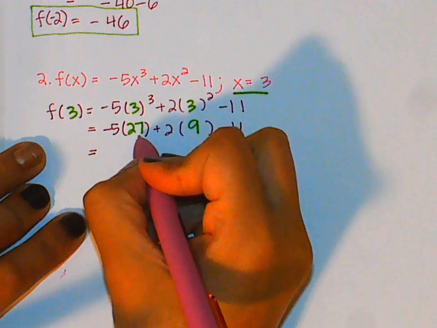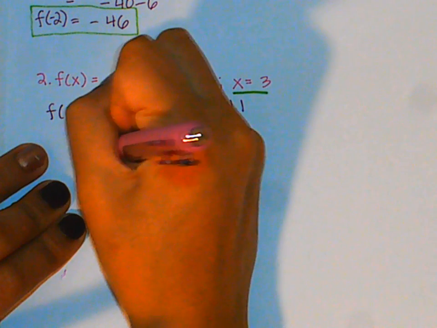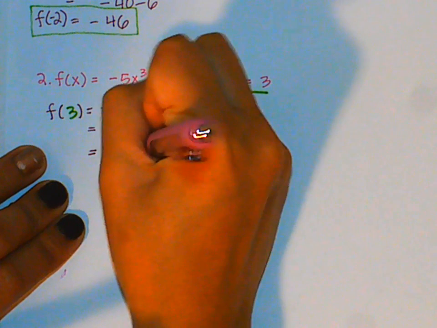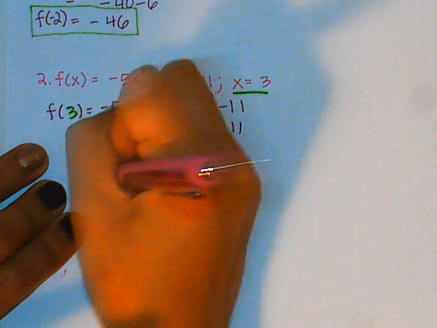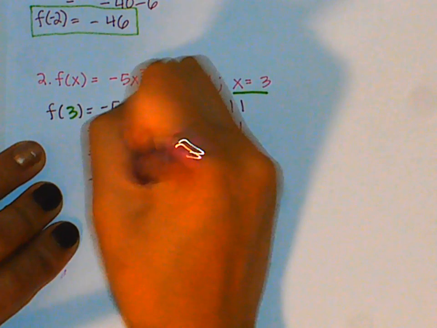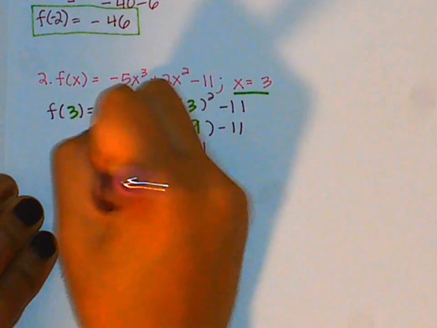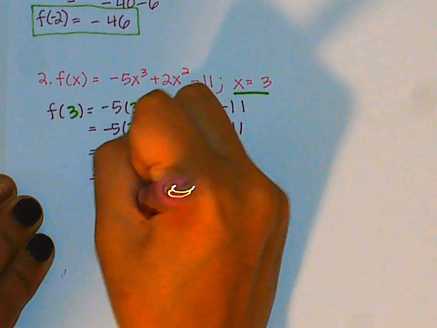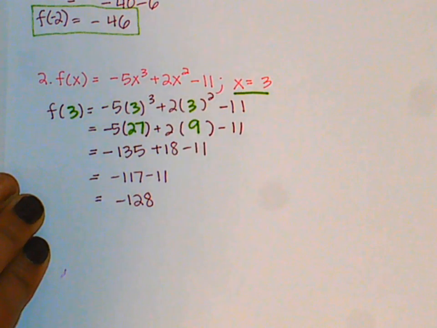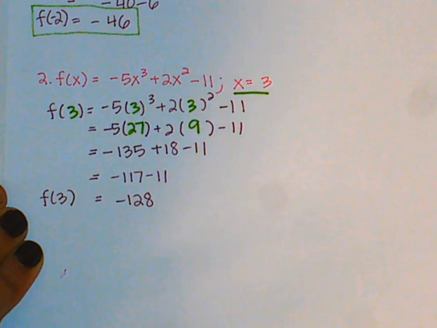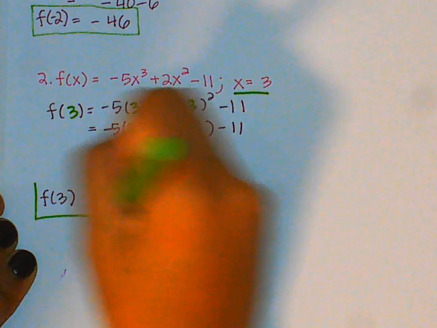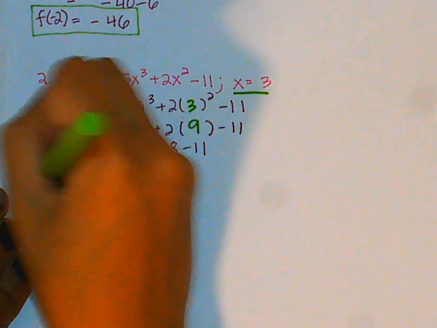Negative 5 times 27 is negative 135 plus 18 minus 11. Keep going to get my final answer of 128. That means that f of 3 is equal to 128.